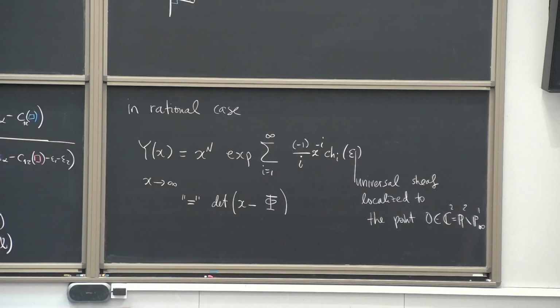This reflects the fact that it's not a good thing to restrict the sheaf at a point. It's not a very good object. So it turns out that there is a way to fix that problem.